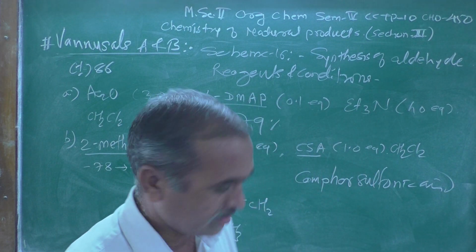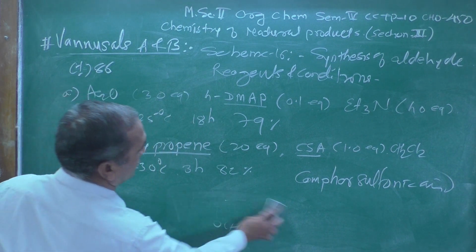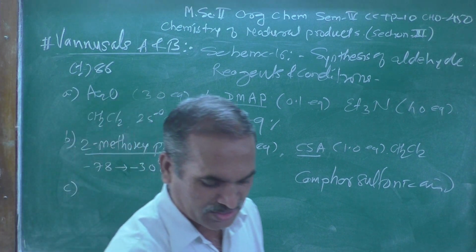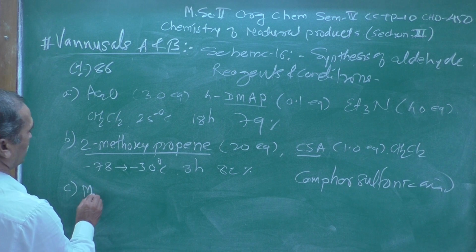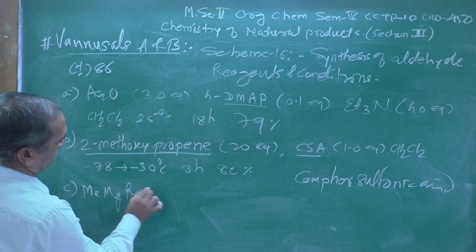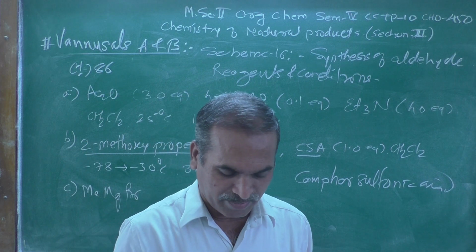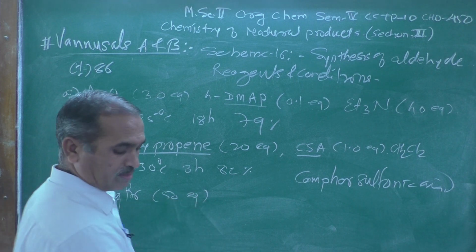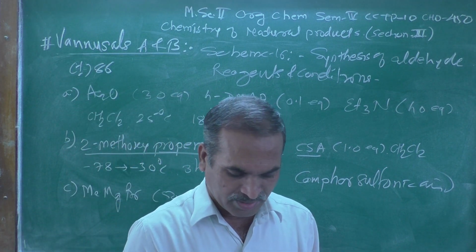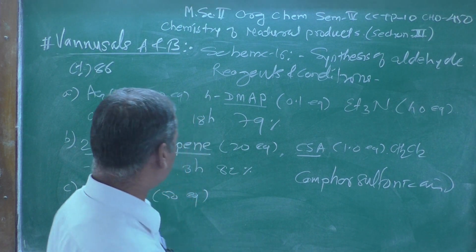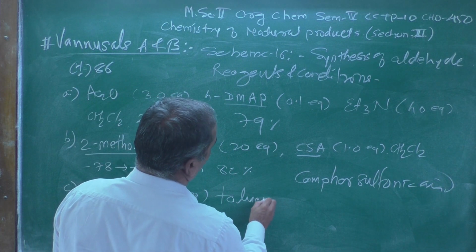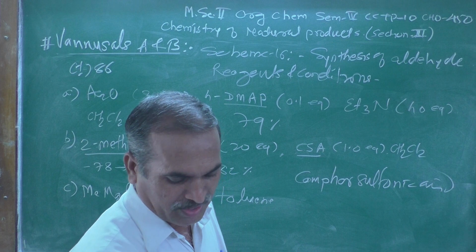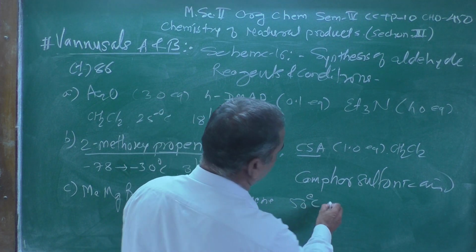Now the next reagent is reagent C, and the name of that reagent is MeMgBr. It is a well-known reagent, everybody knows that, and it was taken at about 50 equivalent. It was taken in toluene, which is a non-polar solvent employed during this reaction, and the temperature was kept at around 50 degrees centigrade.